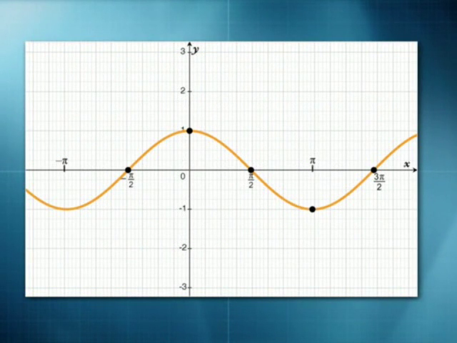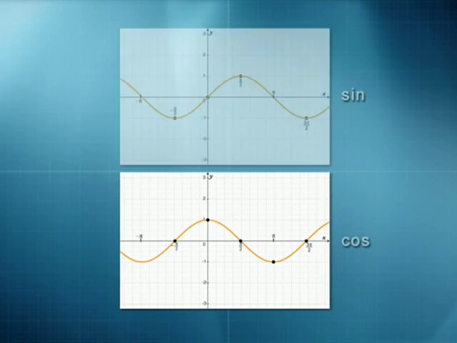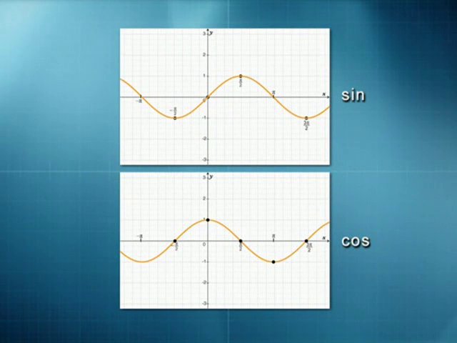So when x is 0, y is 1. So the cosine hits its maximum value right away when x is 0. And then it still has this periodic behavior. In fact, the cosine graph looks just like the sine graph, but it's been shifted, hasn't it? It's been moved. They are translations of each other.